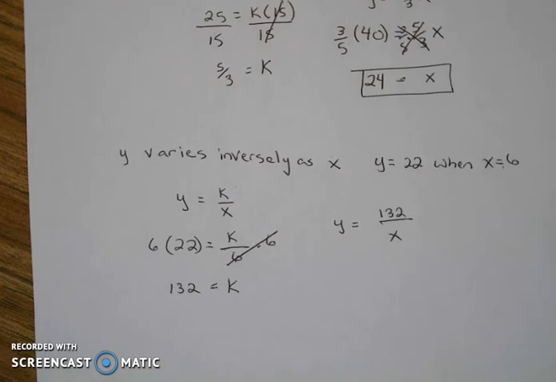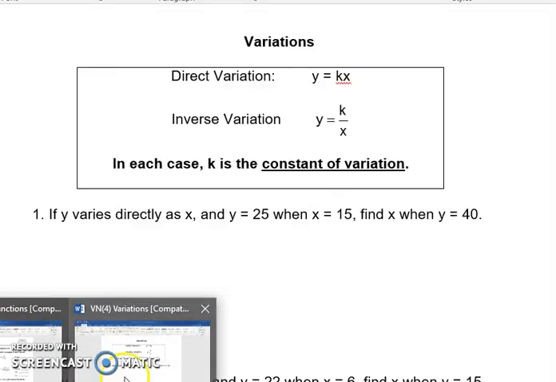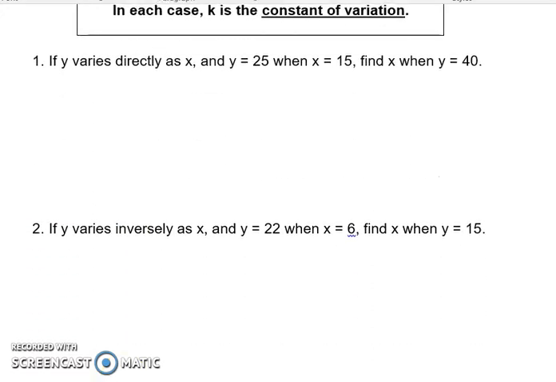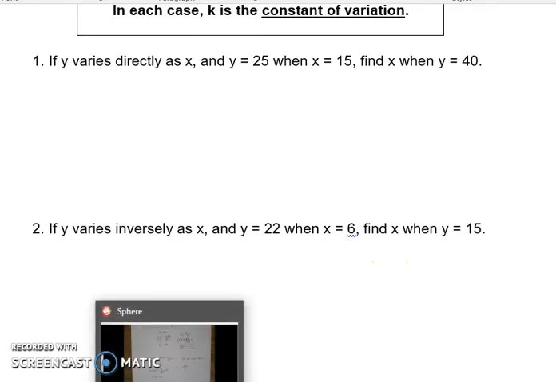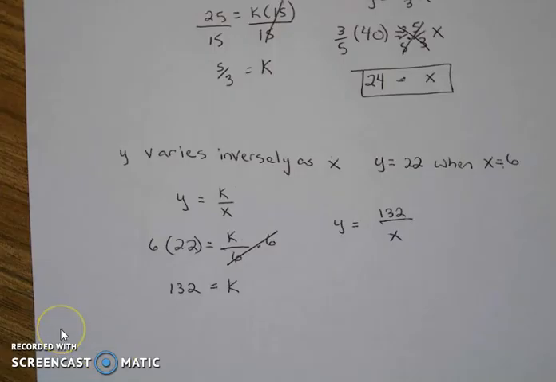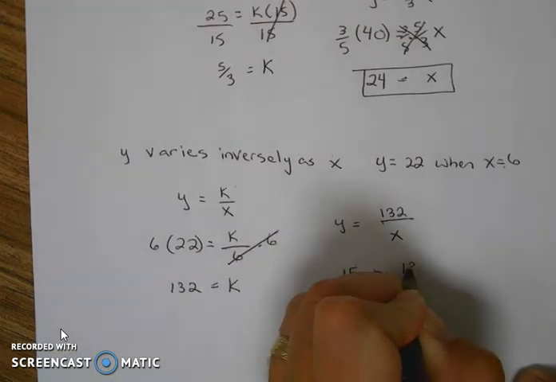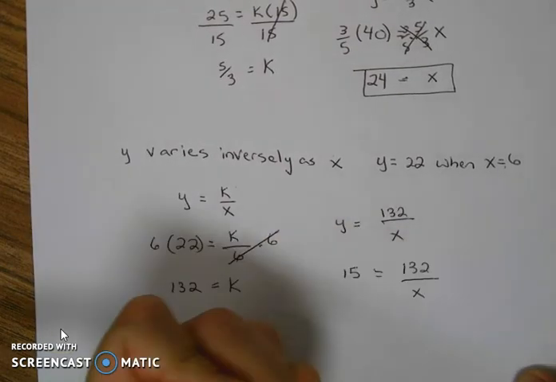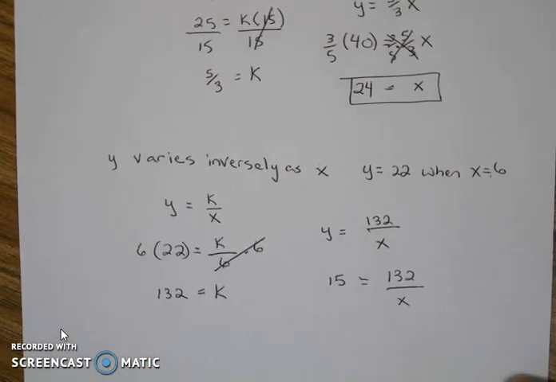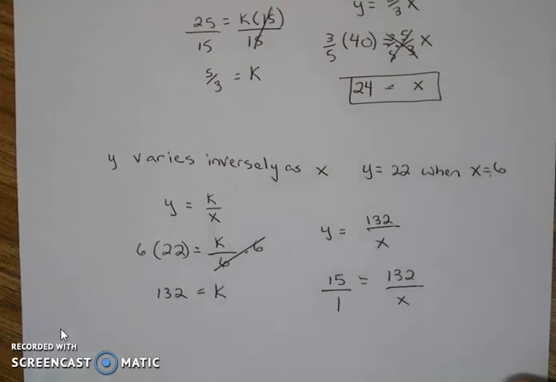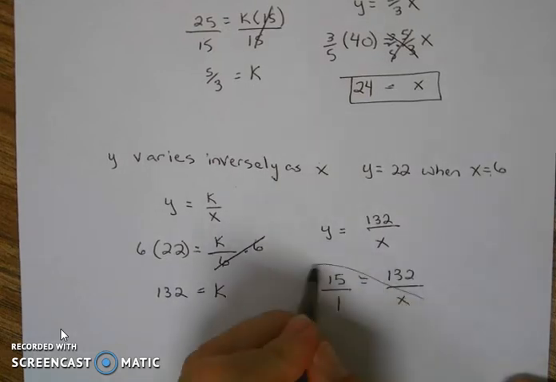And the problem is find x when y equals 15. Find x when y equals 15. Okay, a simple way to solve this problem is to set up a proportion and cross multiply.